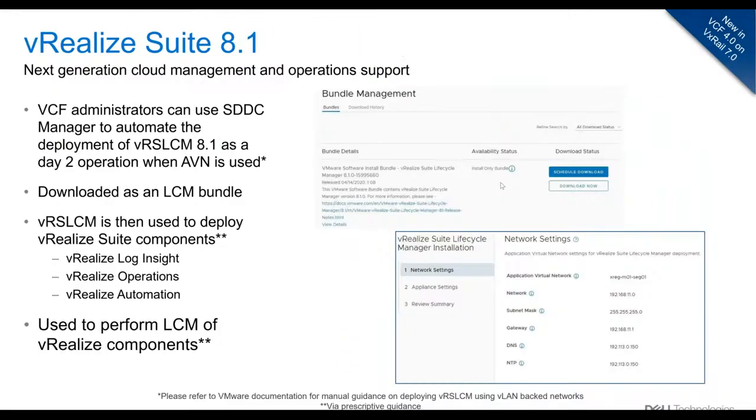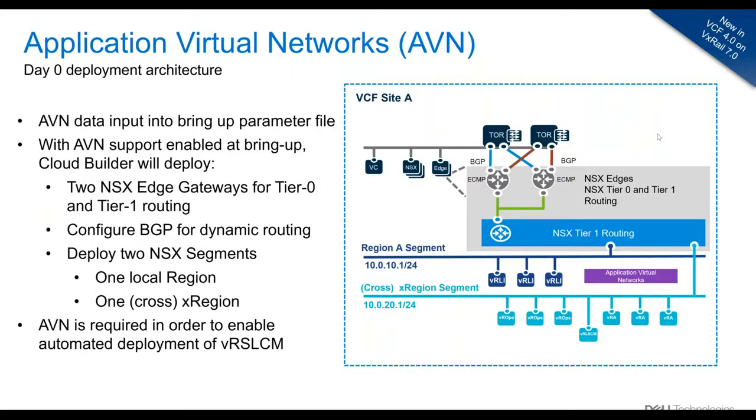So what does this actually look like when it gets implemented? Ultimately, there are the NSX management and edges that automatically get deployed with the NSX Tier 0 and Tier 1 routers. And there are ultimately two NSX segments that get set up on this. One for the local region, for components that don't need to be stretched across multiple environments, and one that is essentially cross-region.